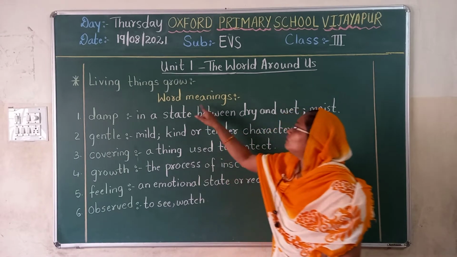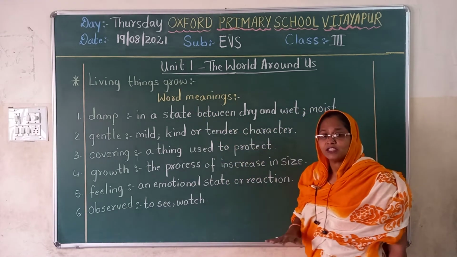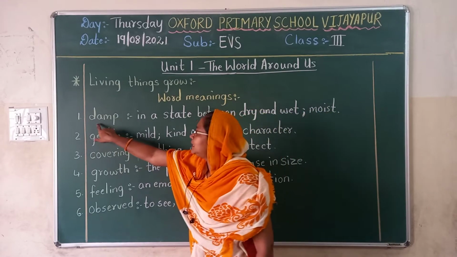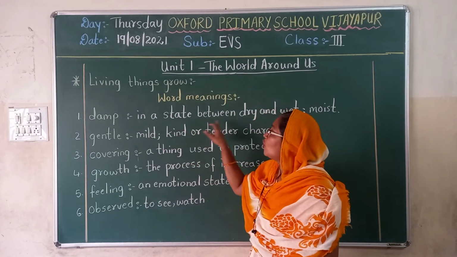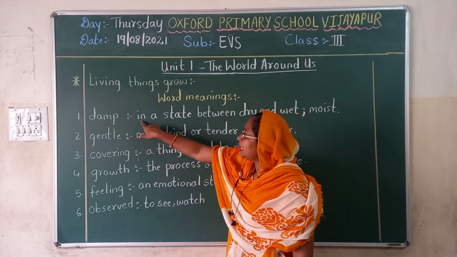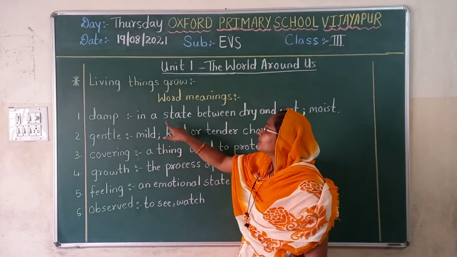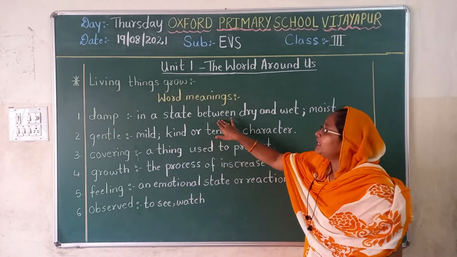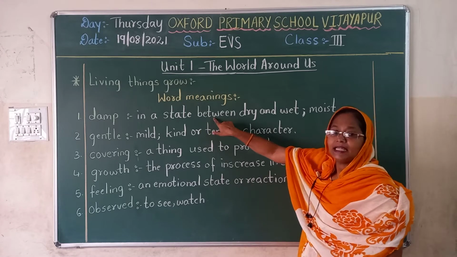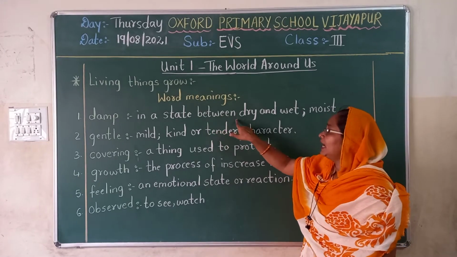So, read the word meanings. The first one is damp. D-A-M-P, damp. What is the meaning of this word, damp? In a state between dry and wet. S-T-A-T-E, state. B-E-T-W-E-E-N, between.